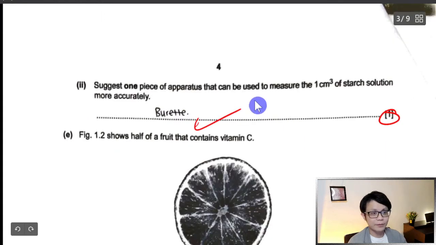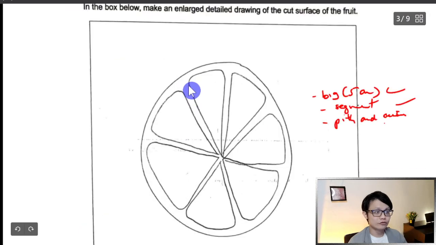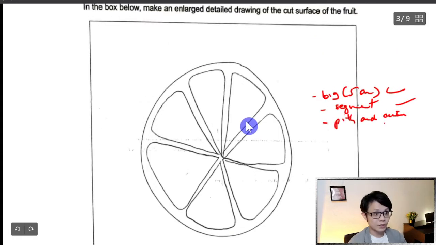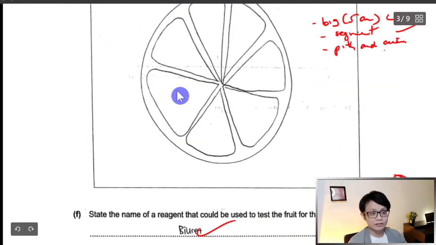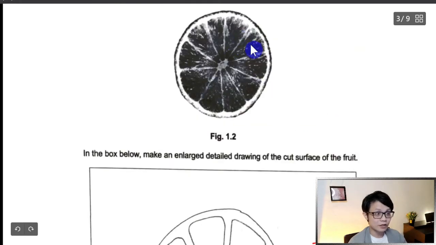Suggest one piece of apparatus to measure liquid. You use a burette. Then it asks you to draw, and I'm amazed by this question. It is 3 marks. 1 mark is for the drawing being at least 5 cm, so assuming here it is 5 cm, the student gets it correct. 1 mark for the segments being correct. 1, 2, 3, 4, 5, 6, 7, 8, 9, 10.